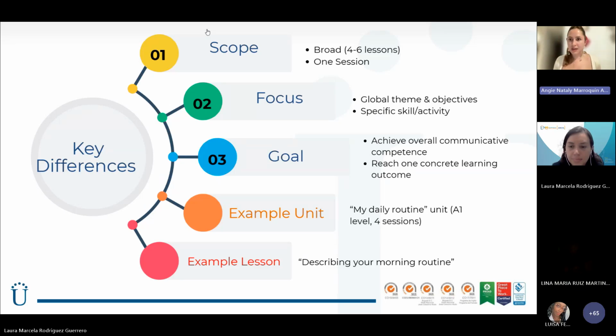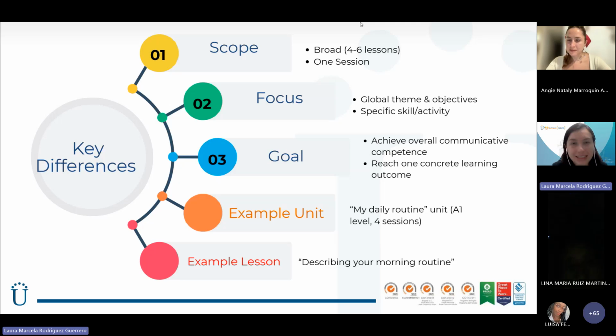Okay. And then we have the goal. Professor Laura, if you want. Sure, teacher. So the goal for the didactic unit in general is to achieve overall communicative competences. In the case of the lesson plan, the idea is to reach one concrete learning outcome. So as the professor was saying, the didactic unit is bigger than the lesson plan, okay?